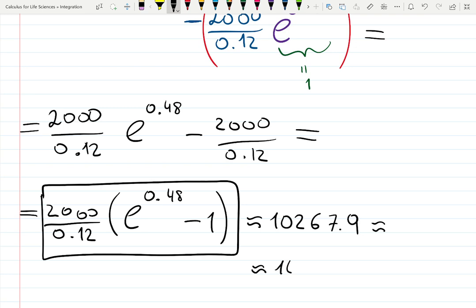So let's round it up or down? Up. 268. Mathematically we're rounding up, but actually in life sciences sometimes they round down because 0.9 of a rabbit should be excluded completely. So be careful with this. That depends on the book and the lab you're working in.